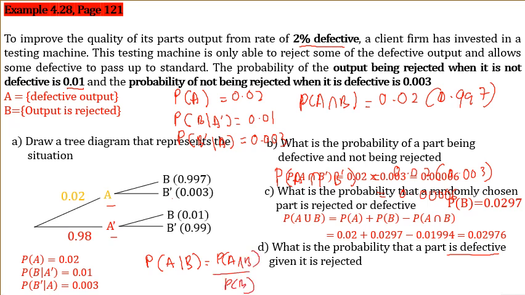For P(A and B), 0.01994 over P(B). P(B) here 0.0297. We got the answer 0.67.